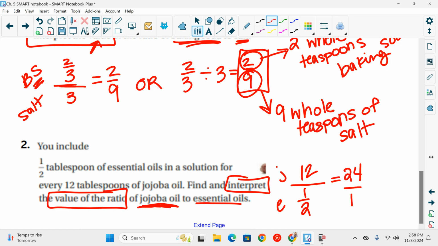All right, that's right. You would need 24 whole tablespoons of the jojoba oil. And if you have 24 wholes of that, you're going to need to add 1 whole tablespoon of essential oils.